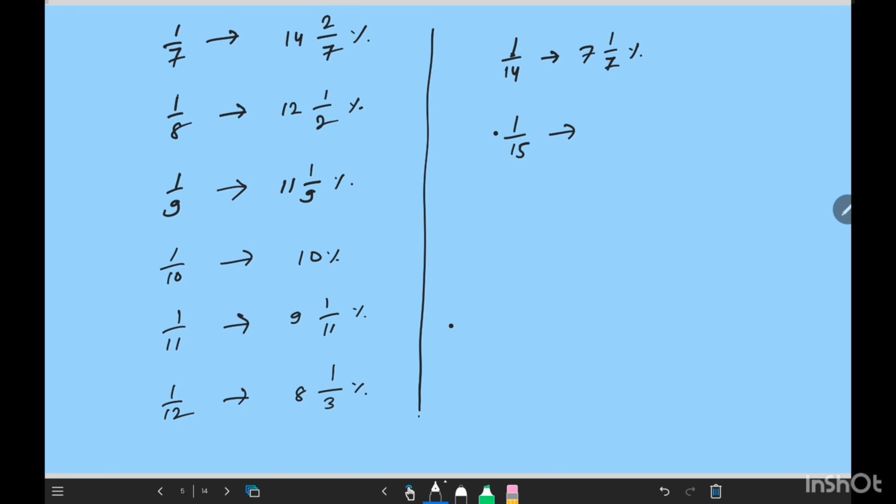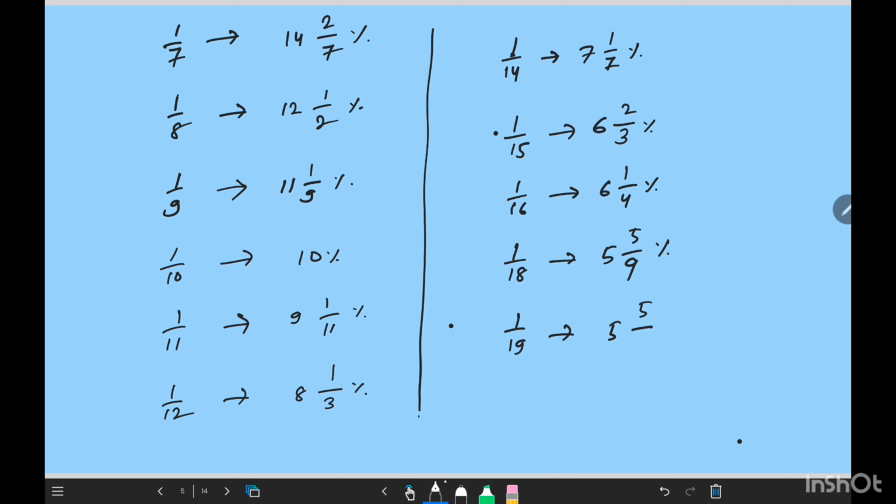First we have to complete this, which will make our task very, very easy. 1 upon 15 is this, and 1 upon 16 is 6 and 1/4 percent, and 1 upon 18 is 5 and 5/9 percent. 1 upon 19 is 5 and something, and 1 upon 20, guys, 20 is 5%, right?